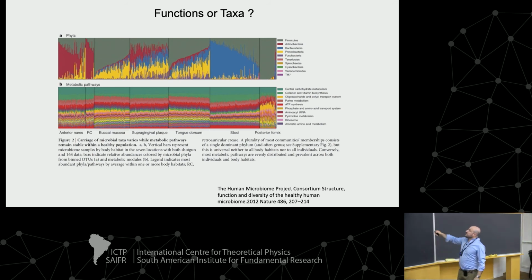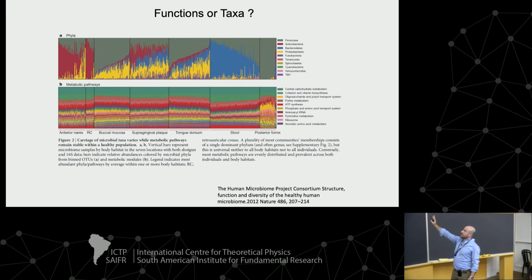Okay, but this thing doesn't come without problems. You will be surprised, but people don't do null models of these things. What I'm trying to say here is that this class, central carbohydrate metabolism, is a very large number of genes, a large number of pathways, all types of things.